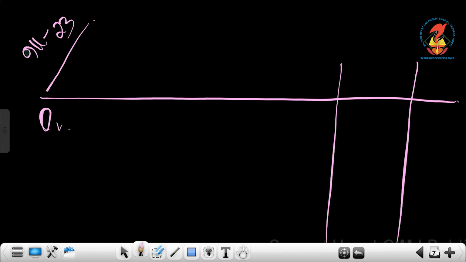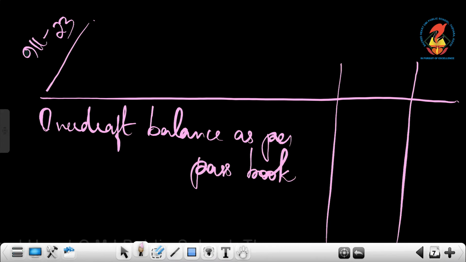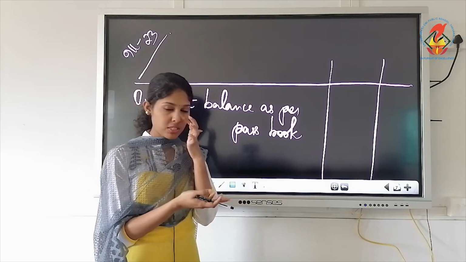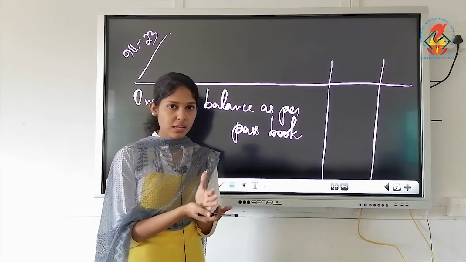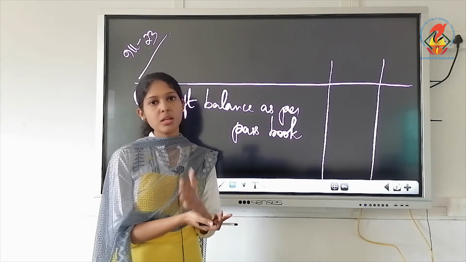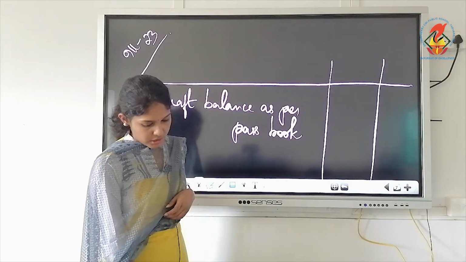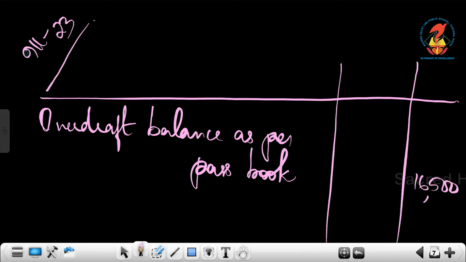Then you can write overdraft, that is the credit balance, debit balance for a passbook. Overdraft balance as per passbook. Sometimes they will not mention it as overdraft. They will simply mention, like in the previous question, debit balance as per passbook. Then you must understand, for a passbook, debit balance means it is unfavorable or overdraft. Okay, so here bank overdraft, the amount is 16,500.